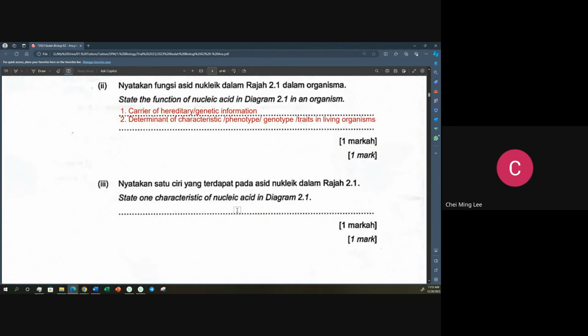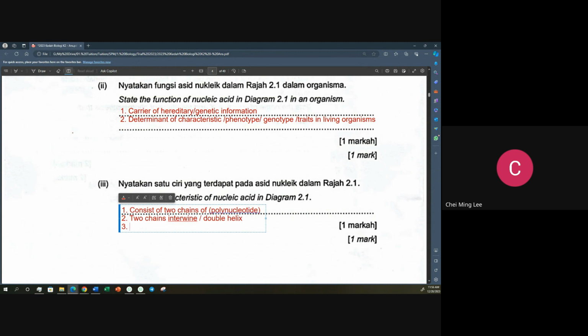Now state one characteristic of the nucleic acid in diagram 2.1. First, it consists of two polynucleotide chains. Then the two chains intertwine together and form a double helix.